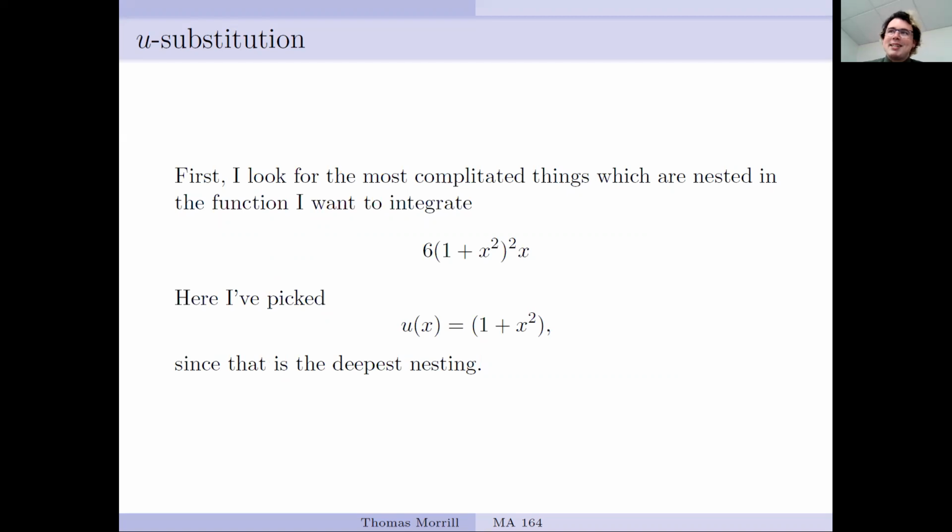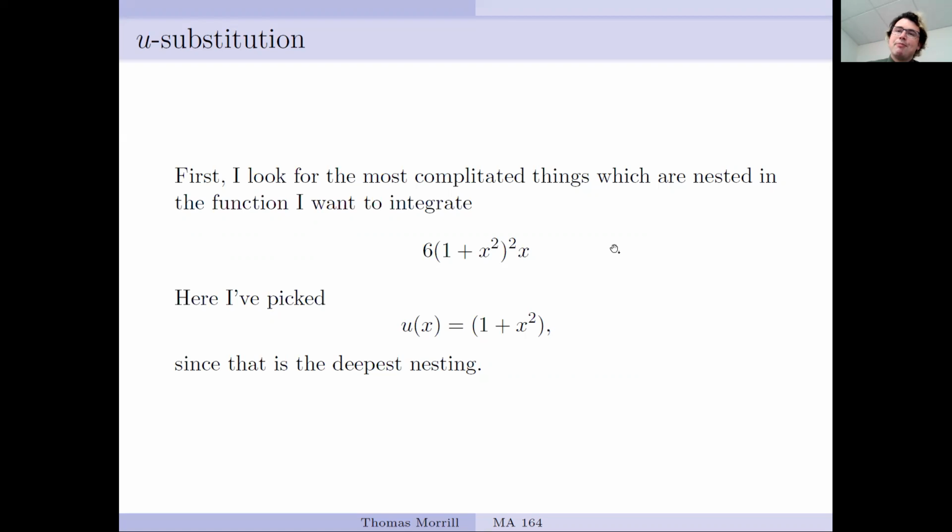I want to be able to identify what I'm substituting, right? I'm going to be picking some part of my formula out and calling it u. The technique that I like to use, will work most of the time, is that I am trying to find the deepest nested part of my function. So I'm looking for the most complicated part of that function with the most number of parentheses.